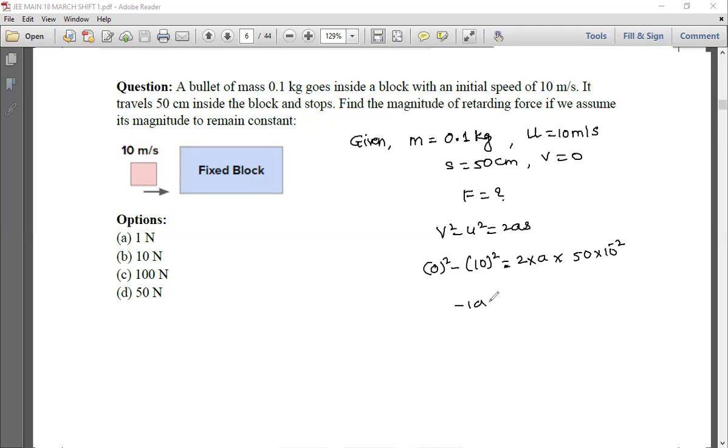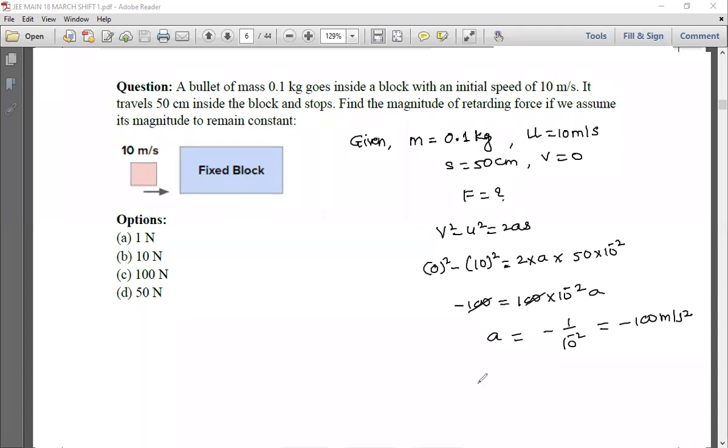So this is minus 100 is equal to 100 into 10 to the power minus 2a, minus 2. So this is minus 2a. This 100 will get cancelled, and a is equal to minus 1 by 10 power minus 2, that is equal to minus 100 meter per second square.